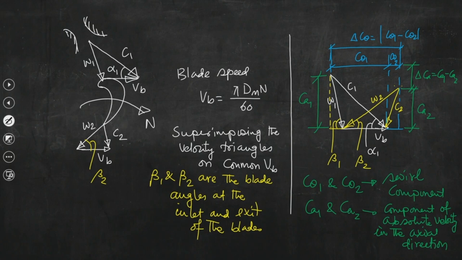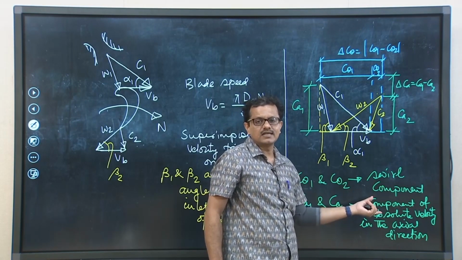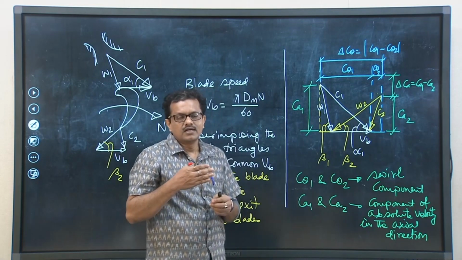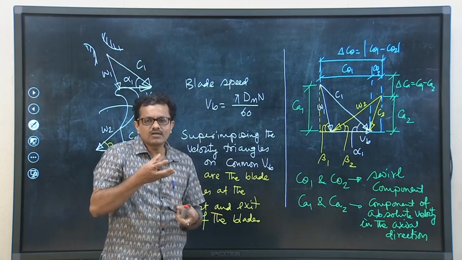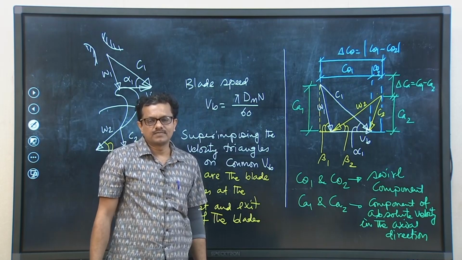So, the difference in the component of absolute velocity in the axial direction, that is delta CA, is still there, and that component produces axial thrust.